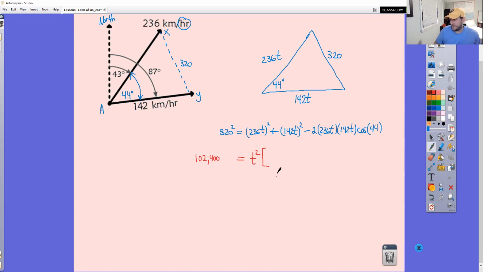So 55,696 plus 142 squared, 20,164. I don't know why I'm doing this so slowly. We can just do all this in our calculator at the same time, right? But then we would get minus all this mess. So 2 times 236 times 142 times cosine 44.